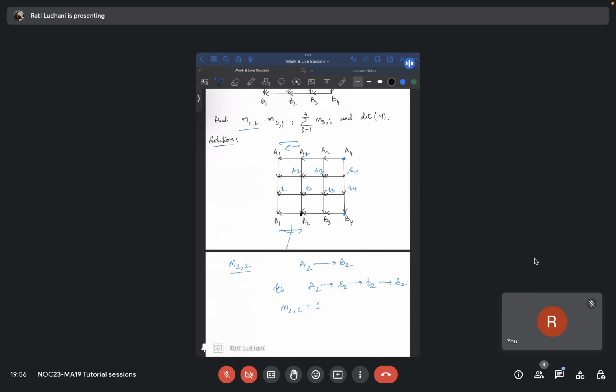So you are at A4. You need to come to B1. Yeah, exactly as you said. Okay, there are again many options. What you can do is go to S4, or you can go to S3, S2, and S1.